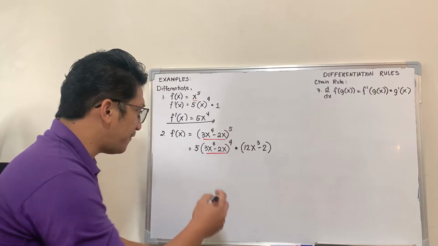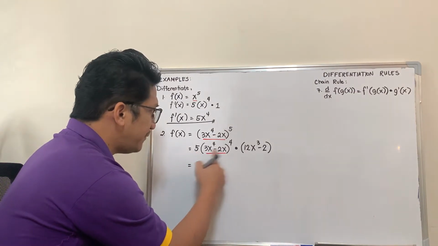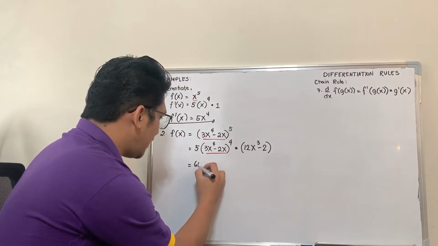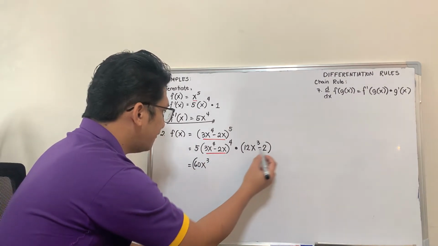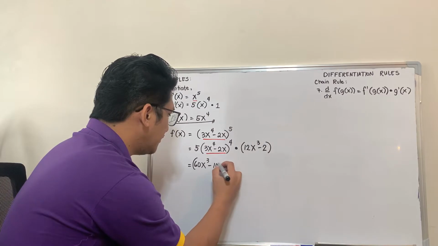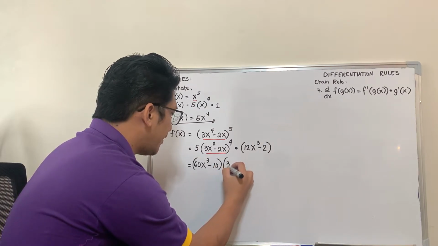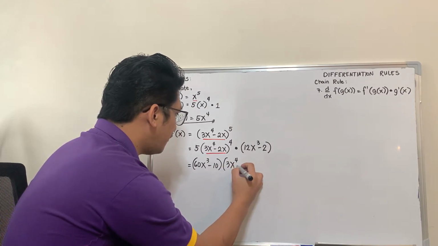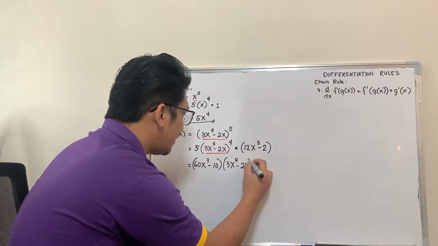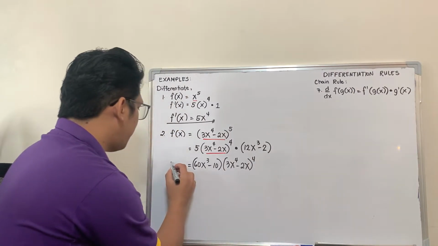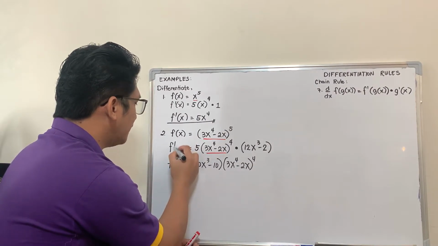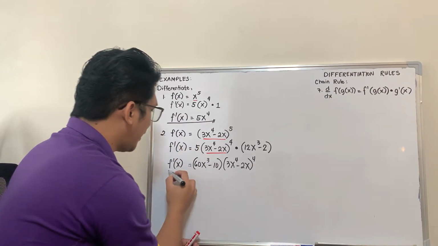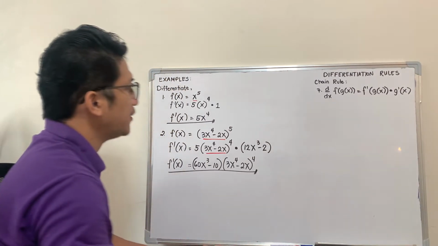If we simplify further, this becomes 5 times 12x cubed minus 2, so you have 60x cubed minus 10 times 3x raised to 4 minus 2x raised to 4. This is our final answer, our f prime of x, or the derivative of the given function.